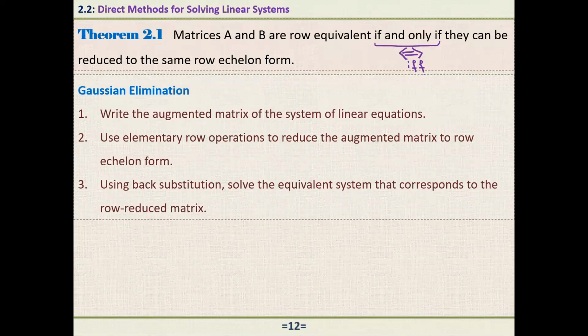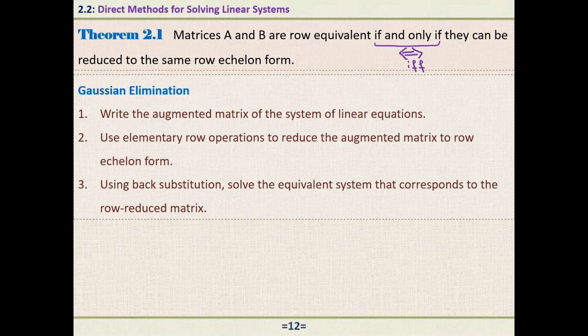It means that if matrices A and B are row equivalent, then they can be reduced to the same echelon form. Or if we can reduce two matrices A and B to the same echelon form, then A and B are row equivalent. So we have two-way implications here. That's why we are using if and only if. It means that if one is true, the other one is true, and if the other one is true, the first one must be true.